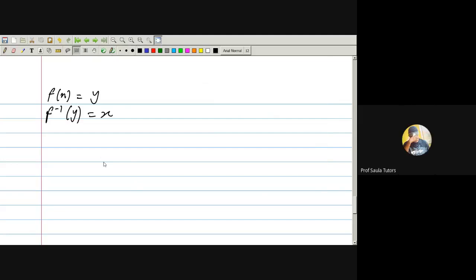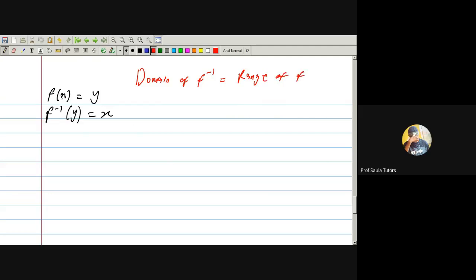Let me tell you some facts. From this, I can say the domain of F inverse is equal to the range of F. Now, pay attention. What is the domain of F inverse?